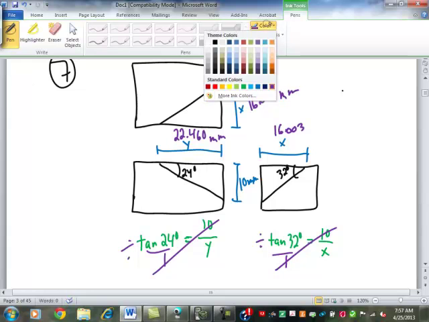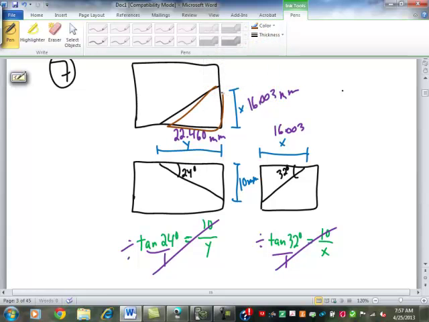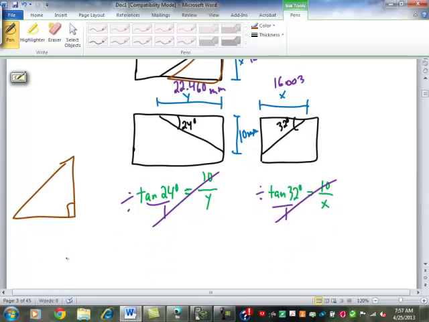So now it's this triangle that we want right here. So we got 16.003, 22.460, and we're looking for the angle of rotation right here.